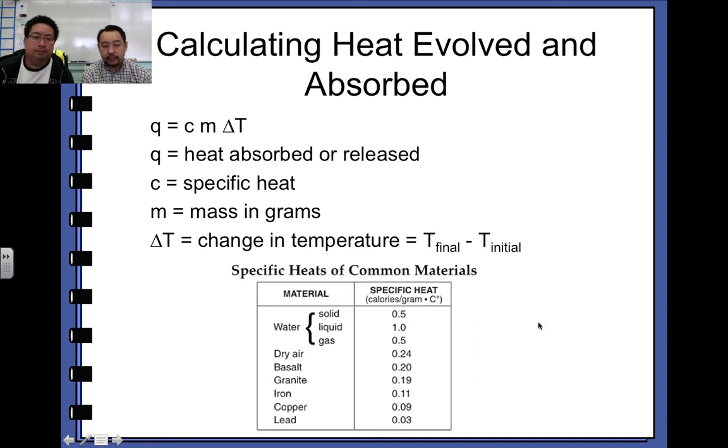Notice that the specific heat is not a value that you can calculate for. It's something that's given to you on a table, and we will give that to you in problems as we do the homework and take tests. Also notice that for water, the specific heat changes depending upon the state of matter, and we'll show some examples of using this equation.